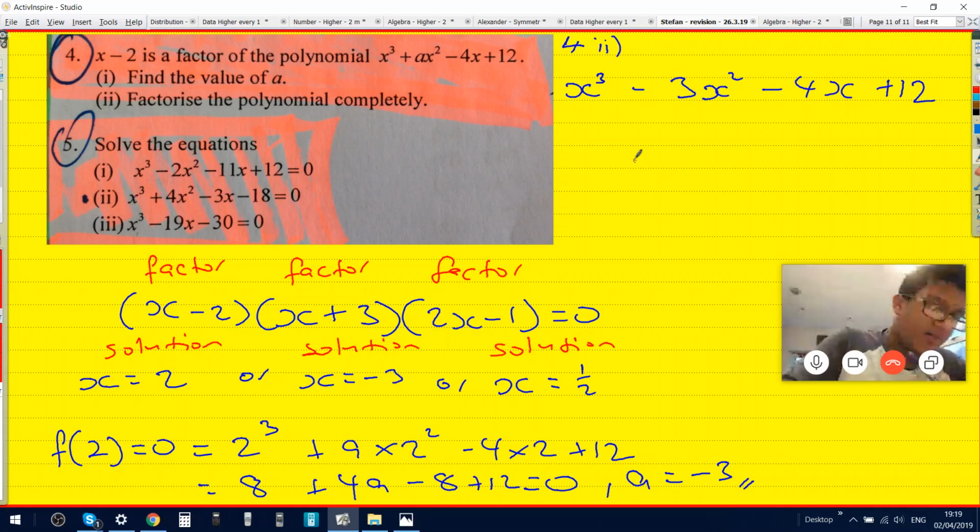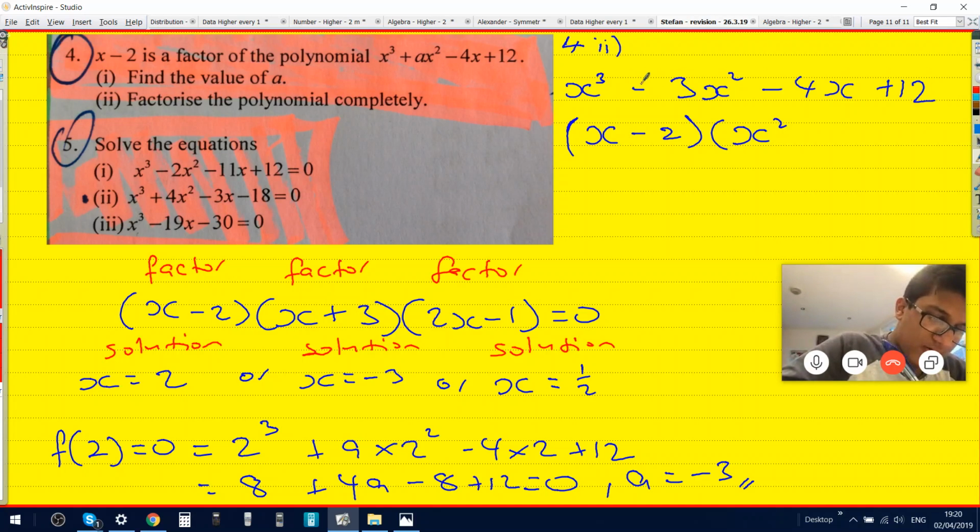And then you divide this polynomial by x minus 2. Mm-hmm. And then you've got x squared as your first term, so it's going to be x cubed minus 2x squared. Minus these, minus 3 minus 2 is minus x squared.